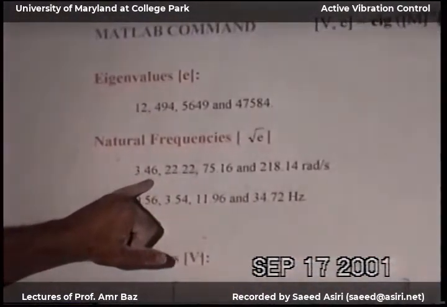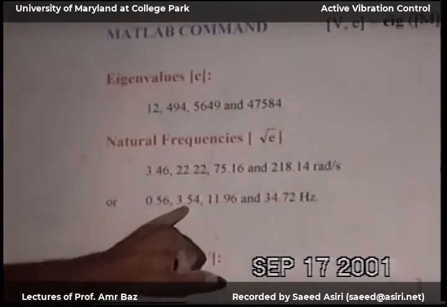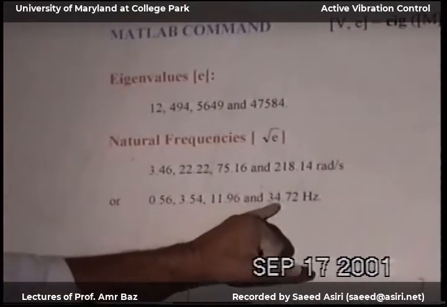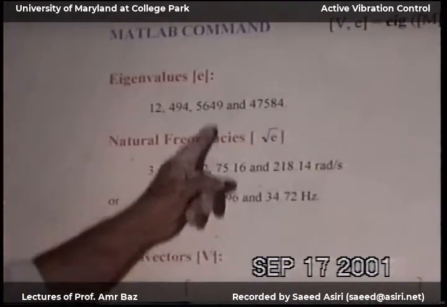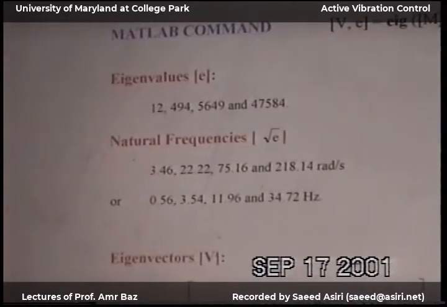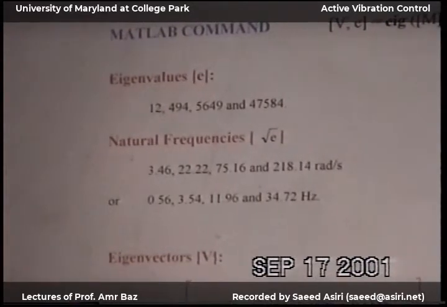So this is 3.4. I'll divide it by 6 point something, so it will become 0.5 hertz, the first frequency. Second frequency, third frequency, and the fourth frequency. And then each one of these eigenvalues has a corresponding eigenvector. The system matrices are 4 by 4. The eigenvector is 4 by 4.